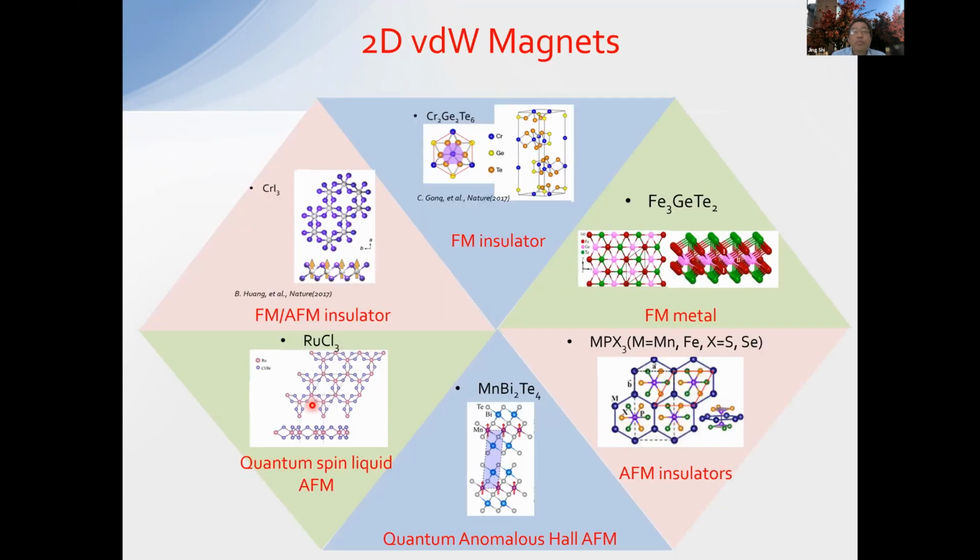Okay, so we have a small subset of the 2D family whose members are magnetic. The properties vary quite a bit, ranging from insulator to metal to semiconductors, and also there can be ferromagnetic, antiferromagnetic, or even quantum spin liquid and quantum anomalous Hall.